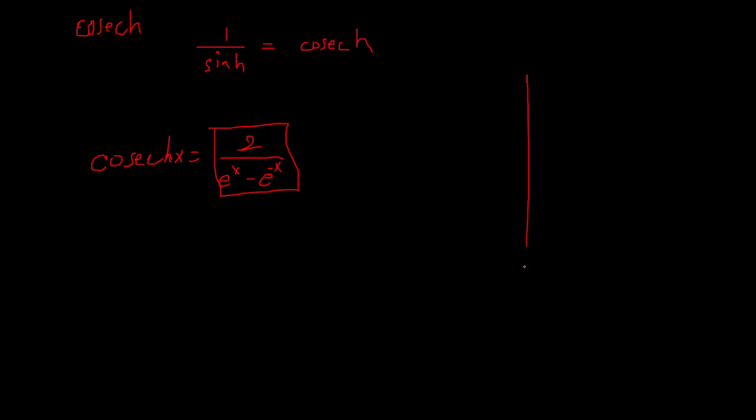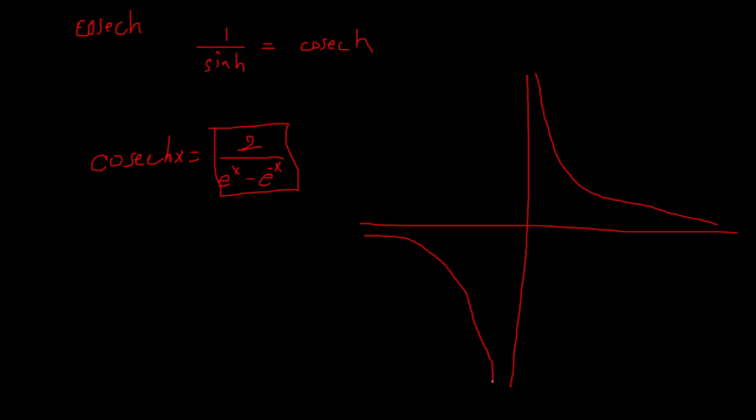Now if you were to plot this cosec on a graph, you're going to get something along the lines of this here. That's how it's going to look. You should know that if you plotted f of x equals cosec x, f of x can never equal 0.